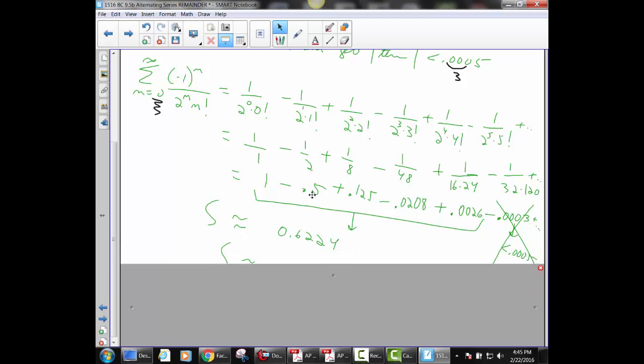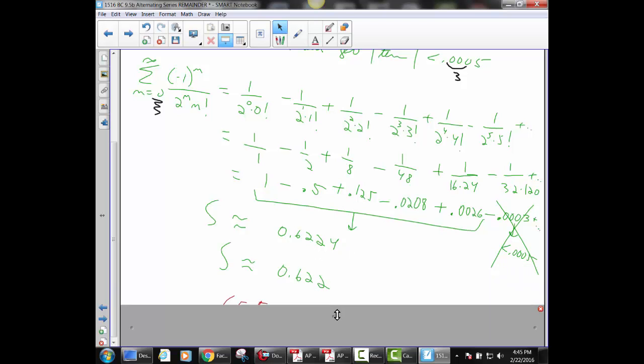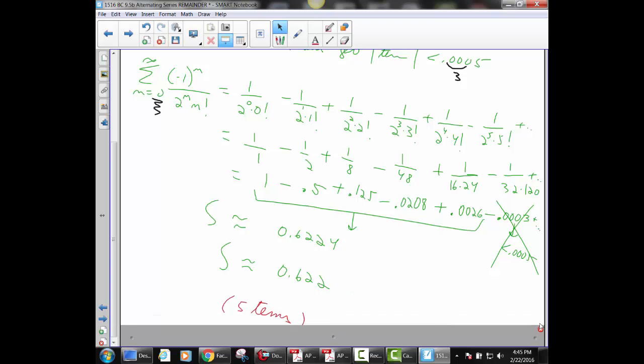So if you take 1 minus 0.5 plus 0.125 minus 0.0208 plus 0.0026, you will get 0.6224. Now notice I'm going to 4 decimal places because I'd like to round my final answer off to 3. So just give yourself 1 more. And therefore, we have found out it takes 1, 2, 3, 4, 5 terms to make this happen.